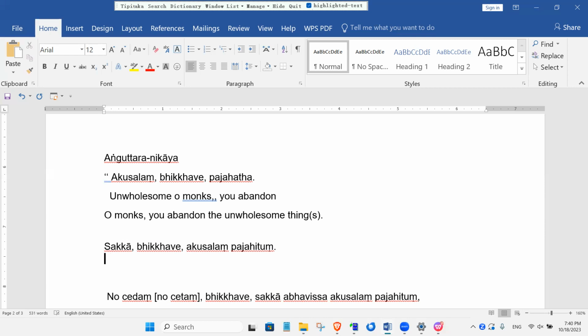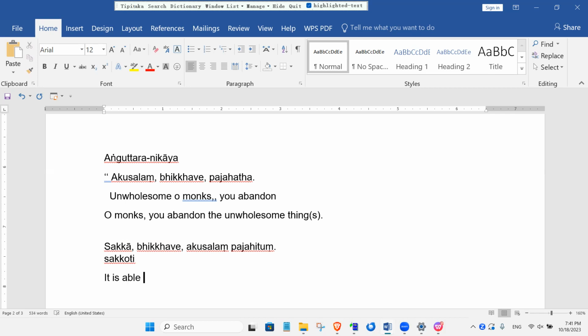So sakka is from the word sakkoti, meaning able. So you can translate it as is able. O monks, unwholesome. Tum, you translate as infinitive, so to abandon. So it is able, O monks, to abandon unwholesome things.